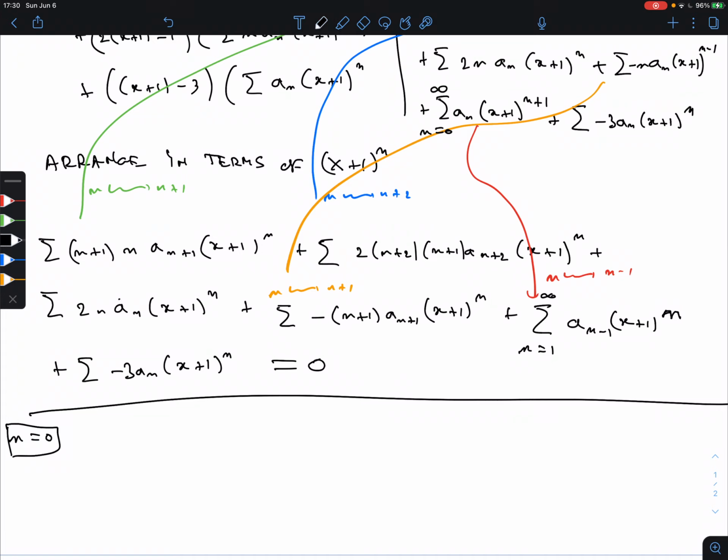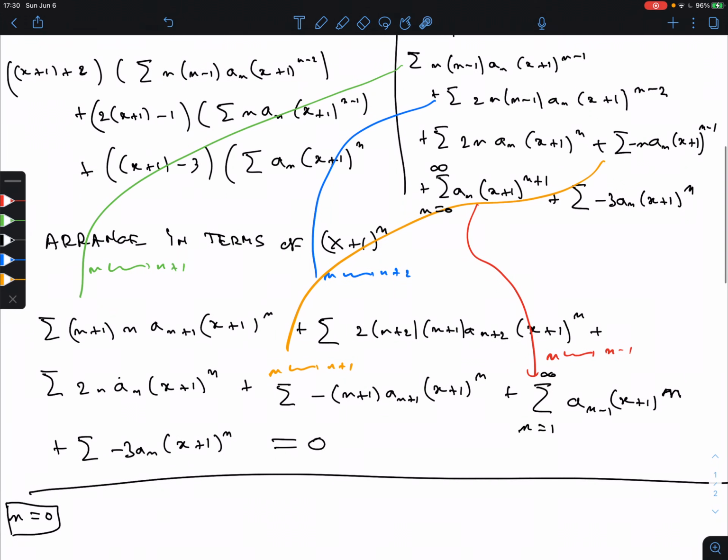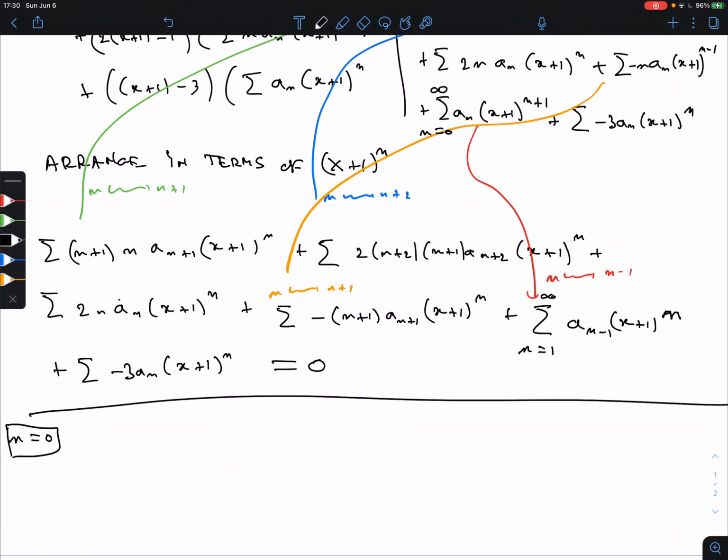So what does that mean then? For n equals 0, the first of these, that's just going to be 0, right? The second one is going to give me 2 times 1 times a_2, right? n is 0. I'm not looking at the powers of (x+1) because that's just what I choose.